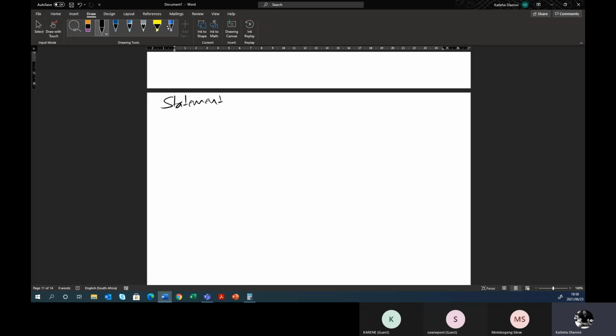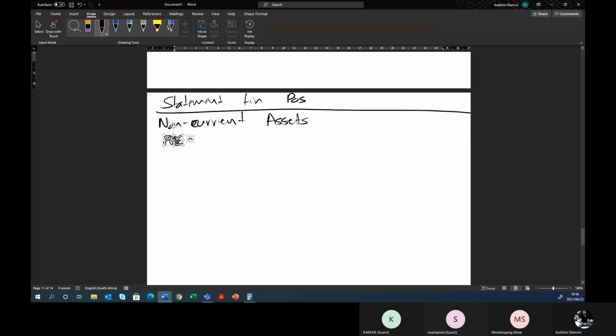So that's what I'm going to do right now. Statement of financial position. I have non-current assets, or what we call PPE, plant property equipment. That's going to be the asset over there. Maybe I'll just put them a little bit to the left here to show the heading and the non-heading.